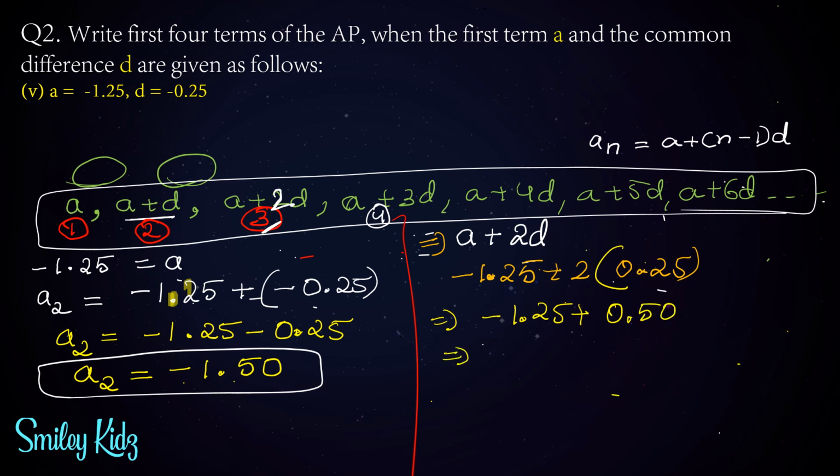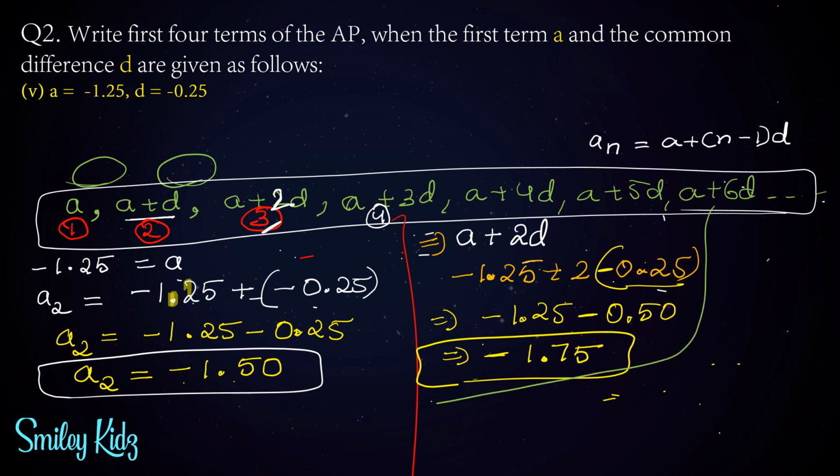This was minus, isn't it? So it's going to be minus 1.25 minus 0.50. Getting my point? Because the common difference was minus 0.25, so here we're going to substitute minus 0.25. This in turn will give you minus 1.75. Now what is this? This is your A3.